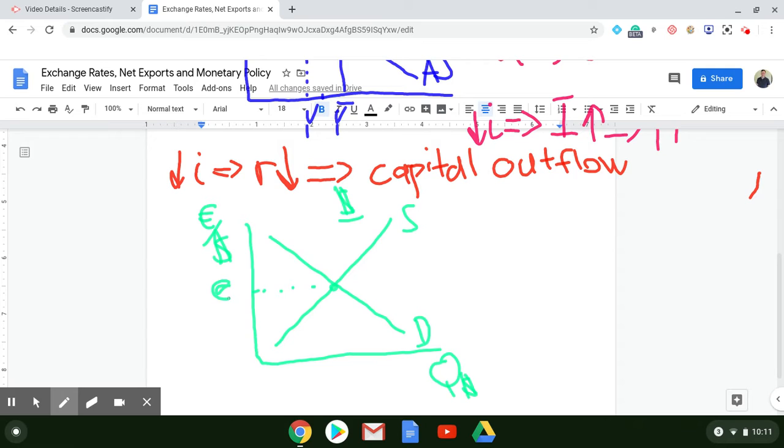Make a little E for exchange rate. So people take their capital and go to European countries, presumably, to put their savings in that country. They'll have to exchange their dollars for euros.